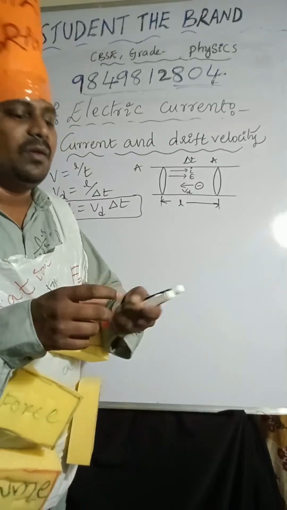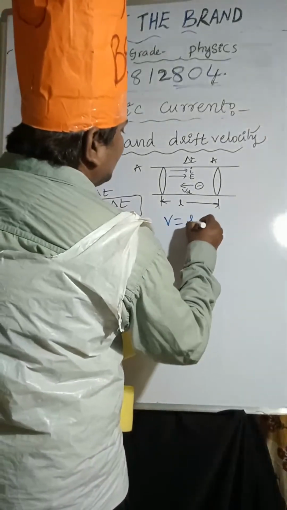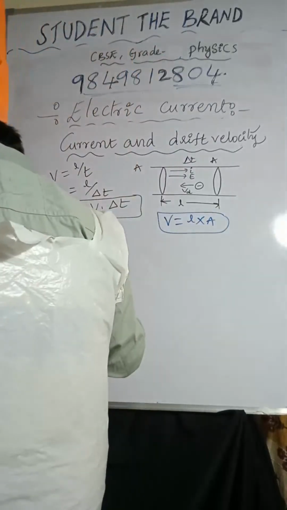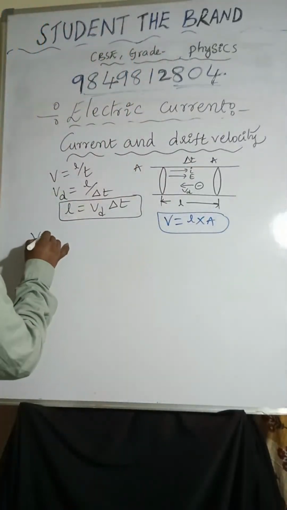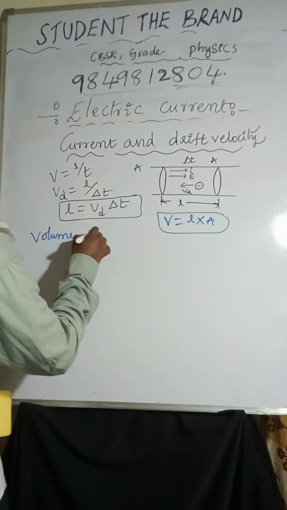The volume of the conductor is length into area. I am writing Vd so we don't get confused between V and Vd.